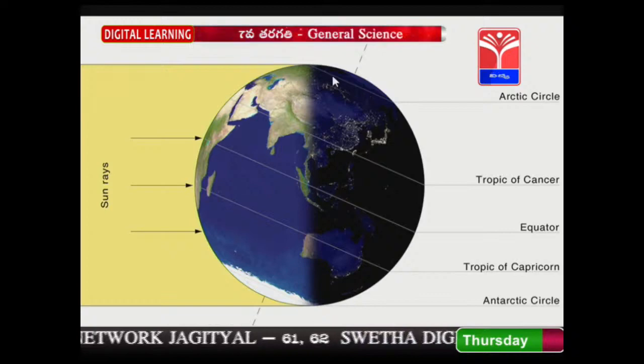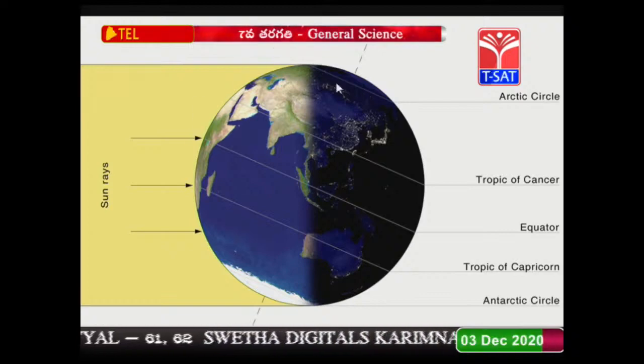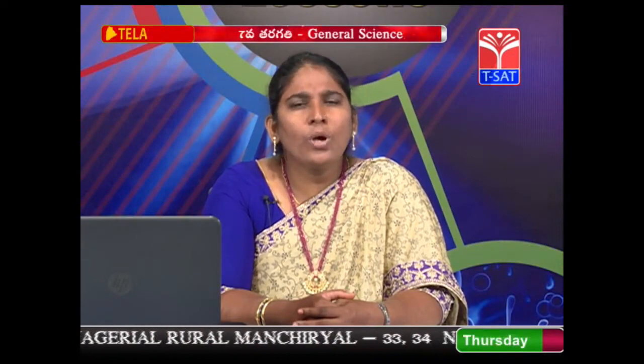So, what happens? It tries to move in this direction and that creates rains. Cloud formation is exclusively dependent on the air pressure. When the wind moves, you might have experienced, children, during the rainy season the wind blows fast. Sometimes the wind moves with high speeds which results in the formation of cyclones.